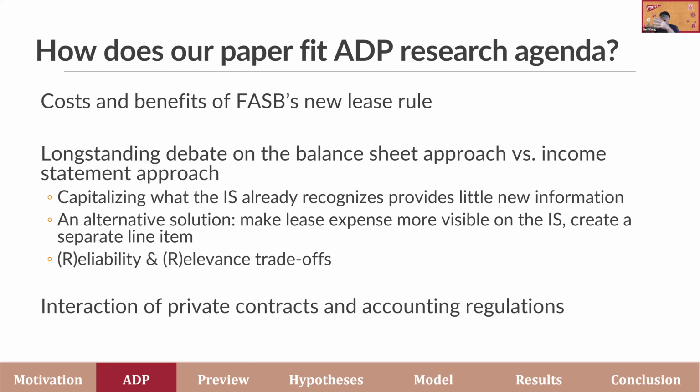FASB, because of the amount of pressure they receive from everybody, sort of met halfway. So they didn't go all the way to putting everything onto the balance sheet, but they put operating leases on the balance sheet. But in terms of income statement recognition, they continue to expense operating leases on a straight line basis, instead of what IASB is doing now, amortizing and doing interest expenses.